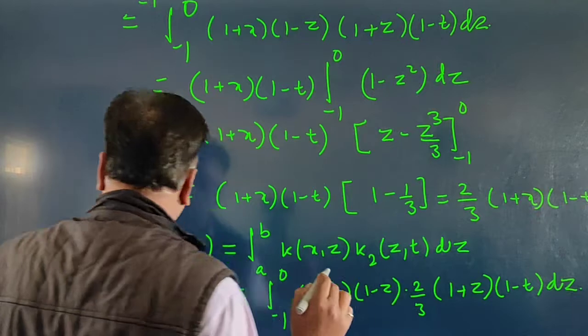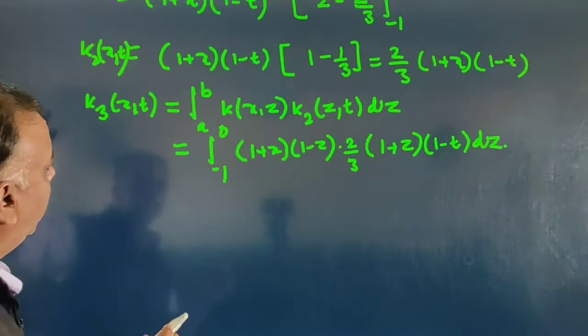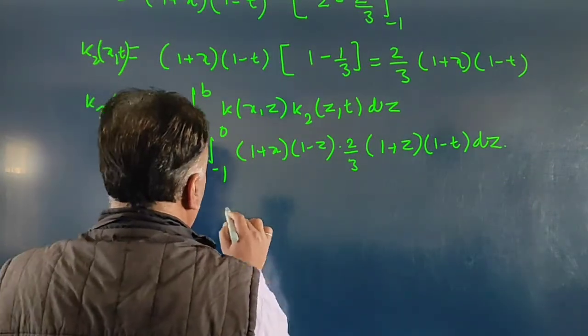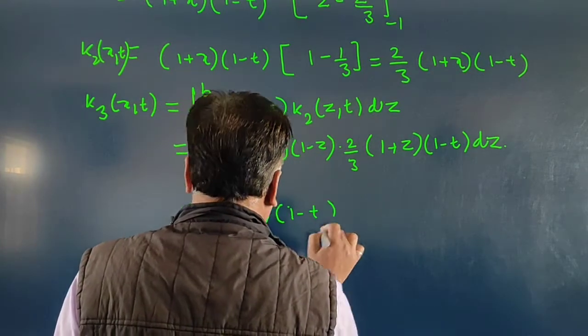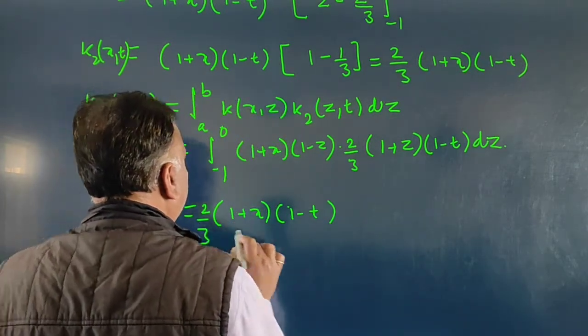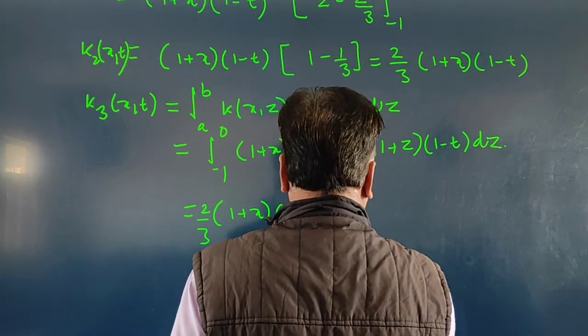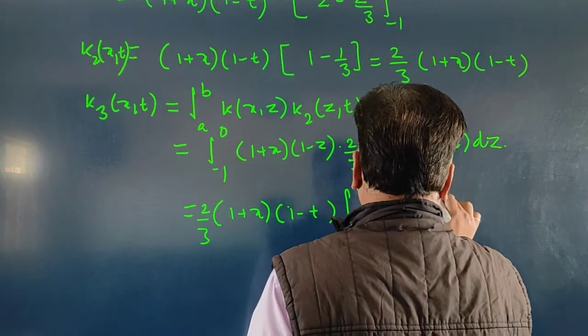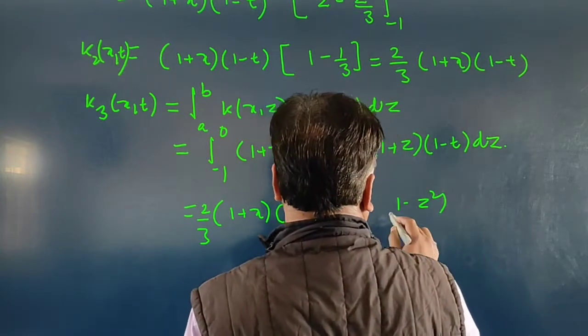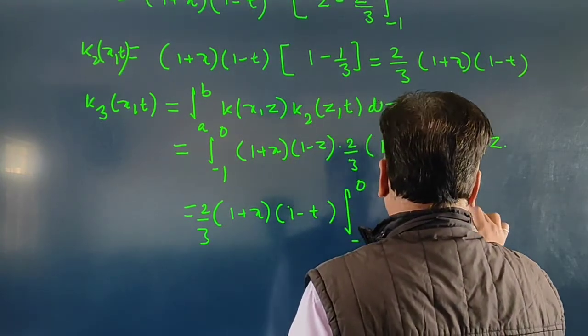dz. Solving this, we get 1 plus x outside the integral, 1 minus t outside the integral, 2 by 3 outside the integral, and the remaining is the integral from minus 1 to 0 of (1 minus z square) dz.